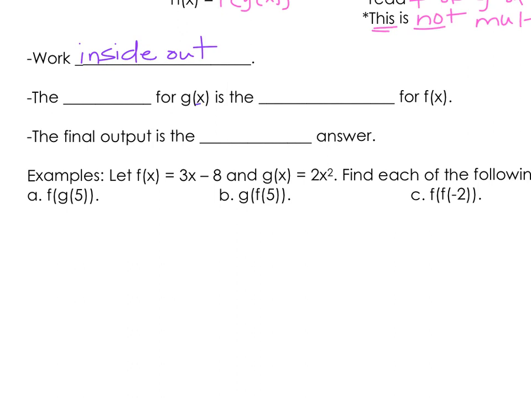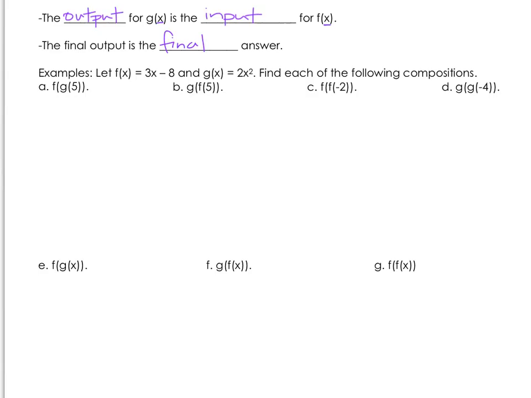So if you substitute a value in for x, the output that you get actually becomes the input for the outside function f of x. That's what you would plug in for the other equation. The final output is the final answer. Please take a moment to write all that out, and let's move down to the examples.